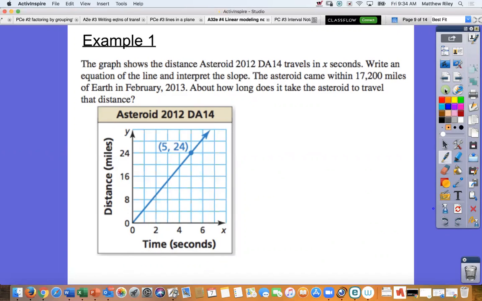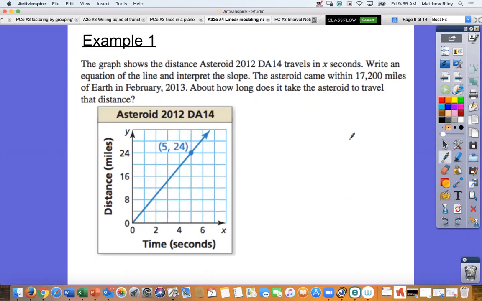Make sure that you know how to do the math. So this graph shows the distance that that asteroid travels in x seconds. Write an equation of the line and interpret the slope. Then it said that asteroid came within 17,200 miles of Earth back in February 2013. So how long would it take the asteroid to travel that distance?